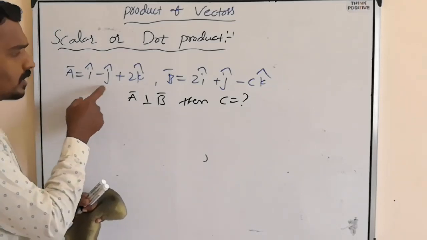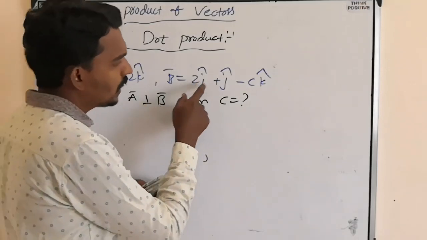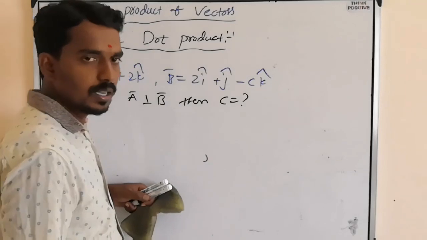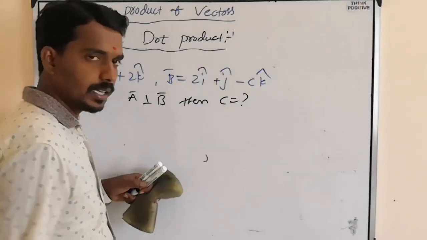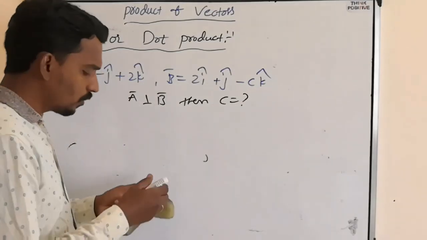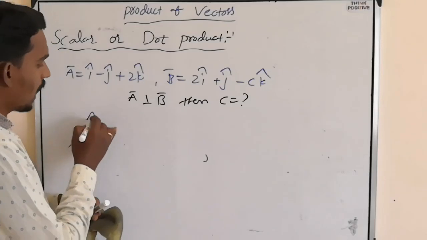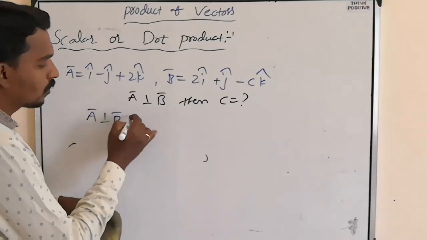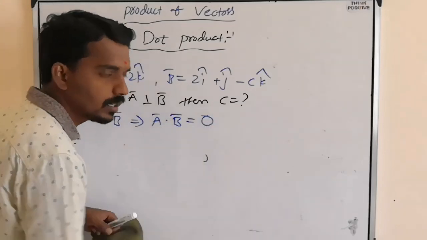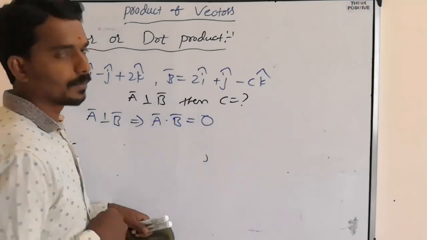See here, i coefficient, j coefficient, k coefficient are given, but in b bar the k coefficient is unknown. Now they are asking the value of c under the condition that both are perpendicular. Then what idea you should get is, as a bar is perpendicular to b bar, their dot product must be 0.